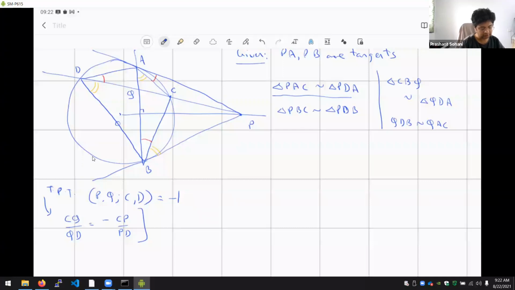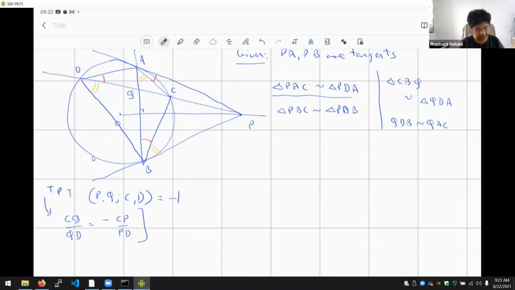Because the difficulty is, a lot of these triangles, if you recall, are used in the proof of power of a point. So if you try to write out the ratios, you might get things such as CQ into QD equal to AQ into QB, which we all know, which is the power of the point. But the difficulty is we are interested in the ratio CQ upon QD, not the product. So that is why we have to be careful in choosing the right triangle here. Do you understand the difficulty? Yes, sir.